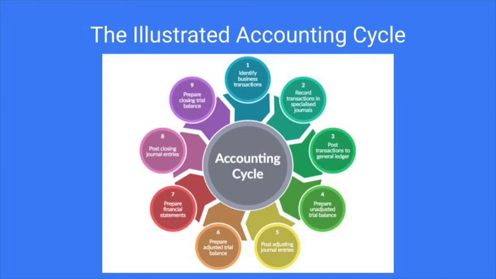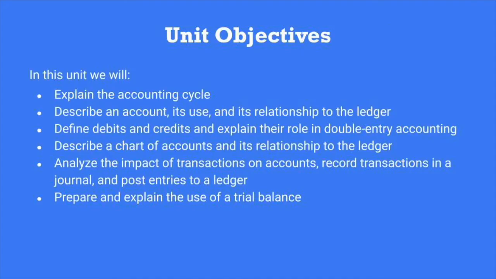So the key unit objectives here are going to be explain what the accounting cycle is, describe the concept of an account and how it's used in relationship to a book of accounts called the ledger. We're going to define things called debits and credits and their use in what's called double entry accounting. We're going to describe the chart of accounts, which is all of the accounts in a business, and their relationship to the ledger.